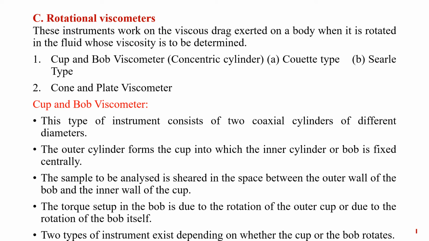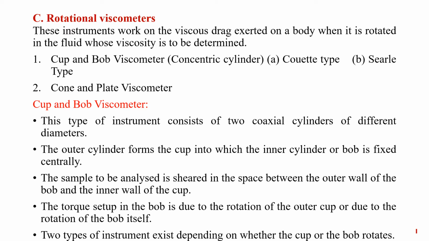These are categorized into two different types: cup and bob viscometer, and cone and plate viscometer. The name itself indicates this instrument has one part which shows rotation. Now let's see each type in detail, starting with the cup and bob viscometer.